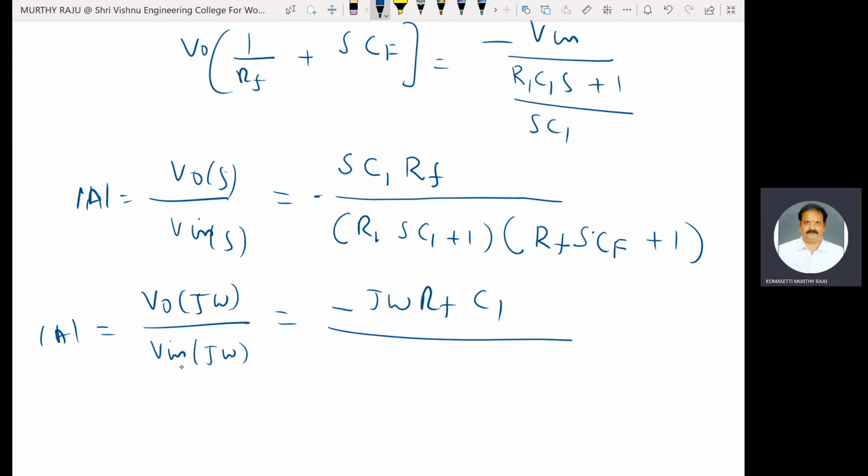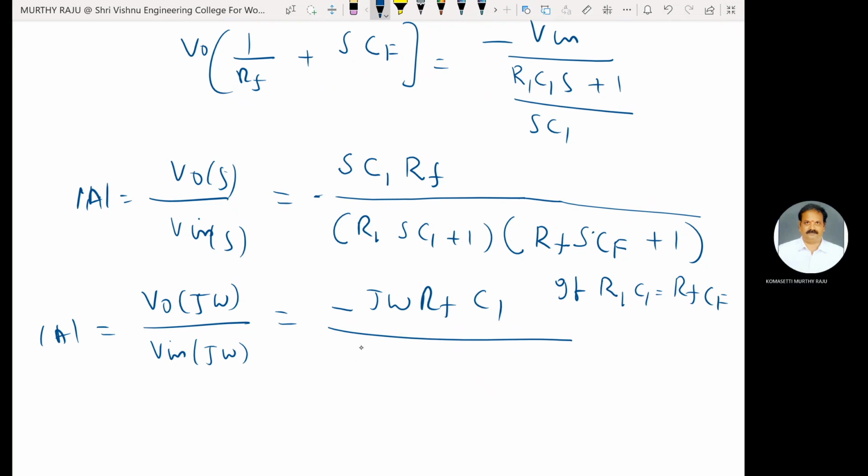If R1 C1 is equal to RF CF, that is both are equal, therefore we get one plus J omega R1 C1 whole square, because these two are equal.